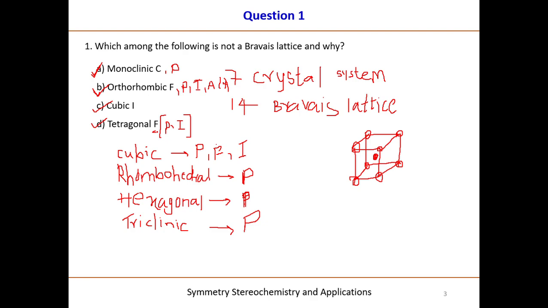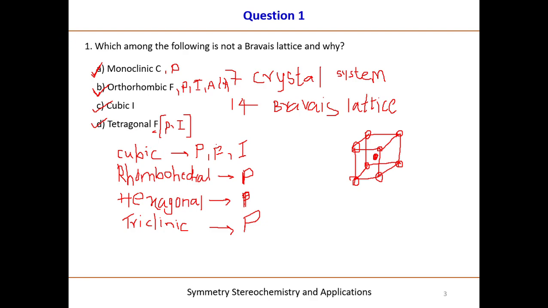The tetragonal crystal system has a defining symmetry of a single four-fold rotation axis, and a face-centered tetragonal lattice doesn't have the symmetry, so it belongs to the tetragonal system, but there is no face-centered lattice present as a Bravais lattice in this tetragonal system.